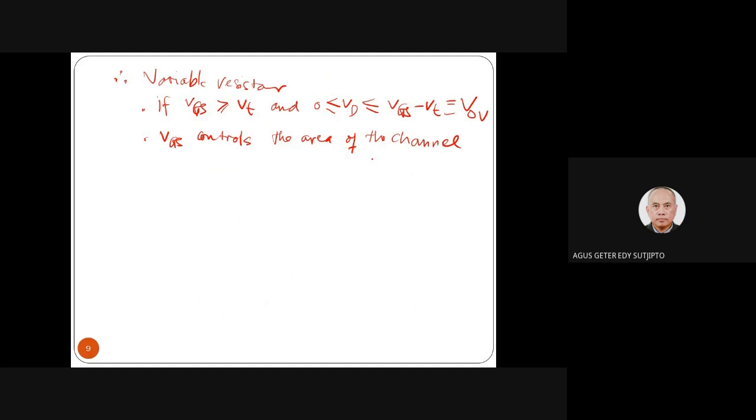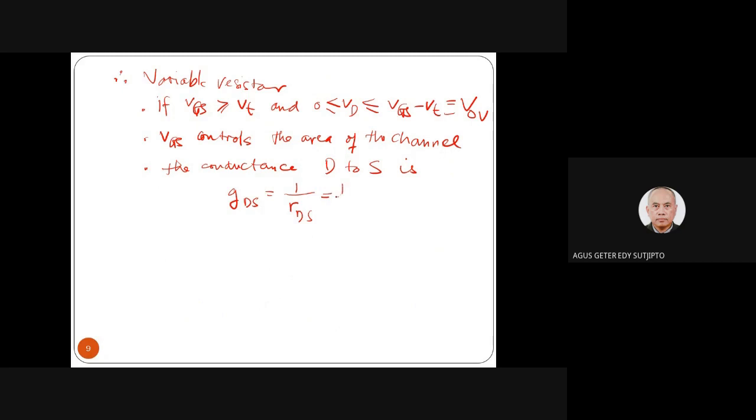As we have read in the previous class, the conductance from D to source, GDS, equals 1 over RDS, where R is a resistance.